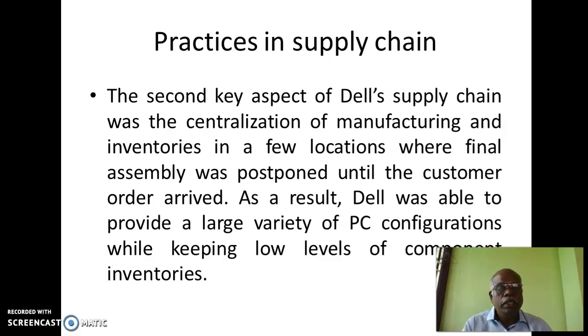So they start assembling the systems only after getting the order from the consumers. As a result, Dell was able to provide a large variety of PC configurations while keeping the component inventories at a very low level. So these two practices helped Dell succeed in supply chain management.